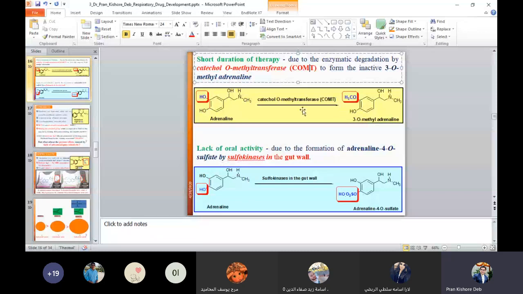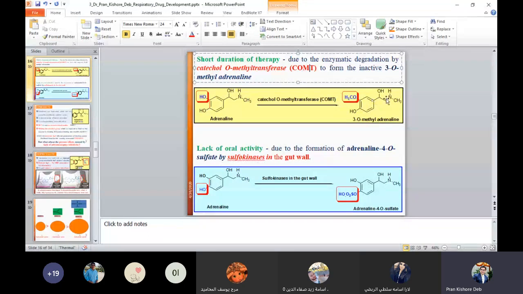If you look at the structure carefully, all of you listen carefully here. You see one of the OH groups in the catechol group, which is meta to the alkylamine side chain; it will convert this OH group into OCH3. Can you see the transformation? OH converts into OCH3 at the 3rd position, so we call it 3-O-methyl adrenaline, because the methyl group is added at the 3rd position.